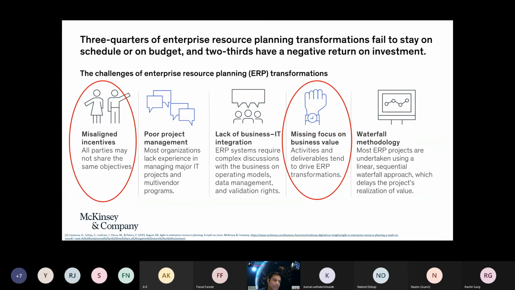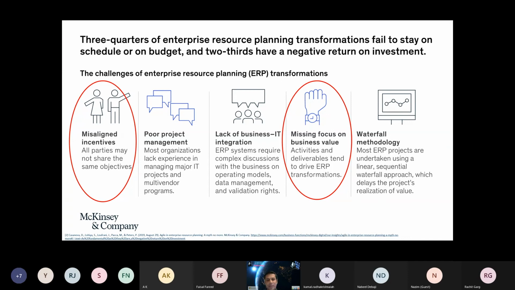You can see McKinsey has listed these 5 main reasons they identified as per that research in the slide, which includes misaligned incentives, poor project management, lack of business IT integration, missing the focus on business value, as well as the waterfall methodology or methodology related reasons.